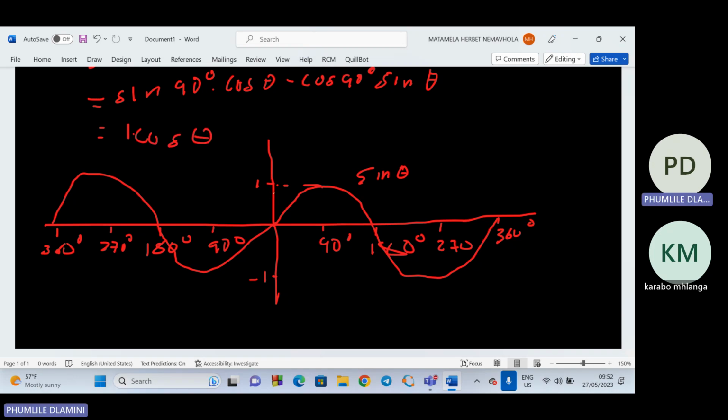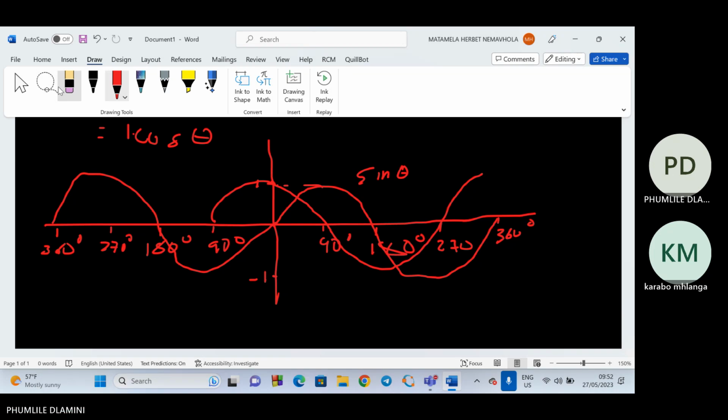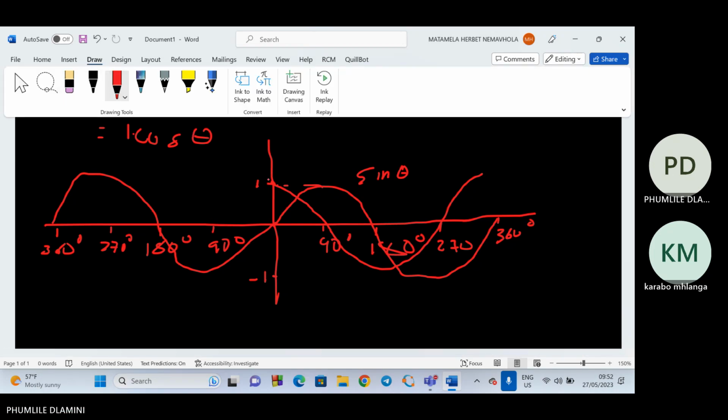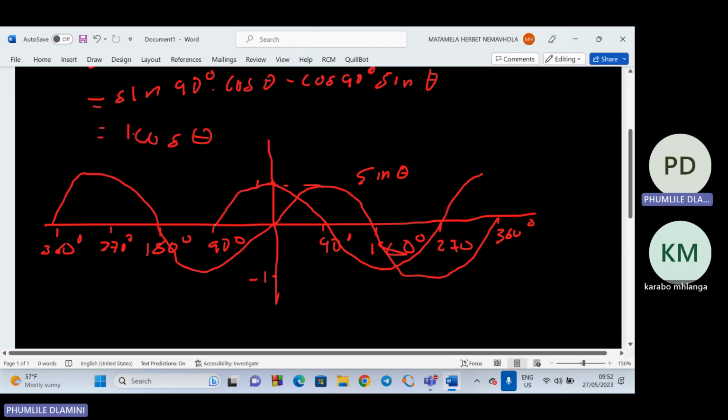And for cos theta, when theta is 0, cos is 1. So the cos theta graph goes this way. It will touch at 90, touch at 270, like that. This one here is sine theta, and this one is cos of theta.